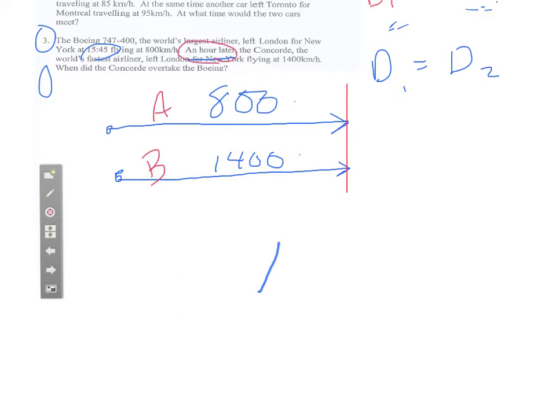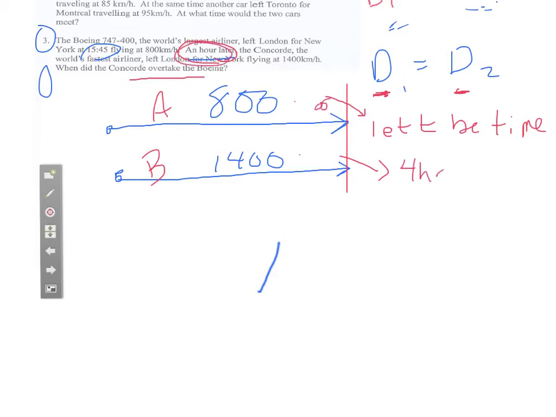The distances will be exactly the same. It doesn't really matter what the distance is, because eventually the Concorde passes the Boeing. When they pass, the distances will be the same. What is the key of this whole problem is time. If we let t be the time, then if this was 5 hours, this would be 4 hours because it left an hour later.